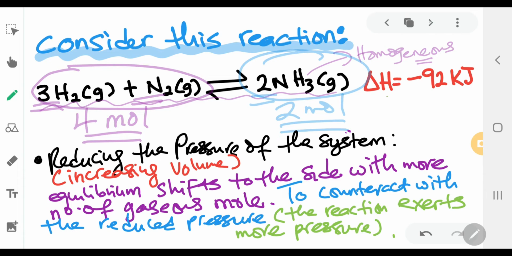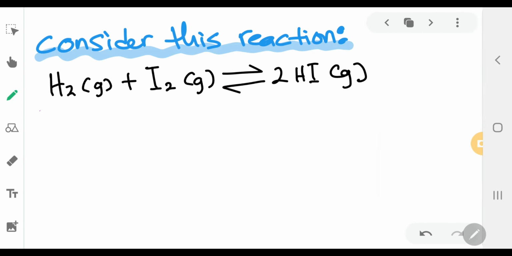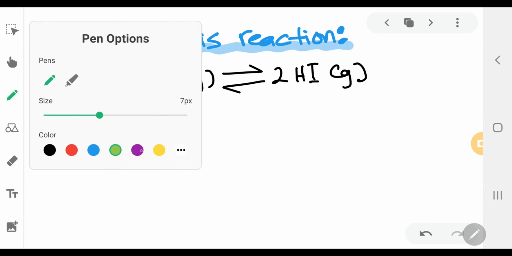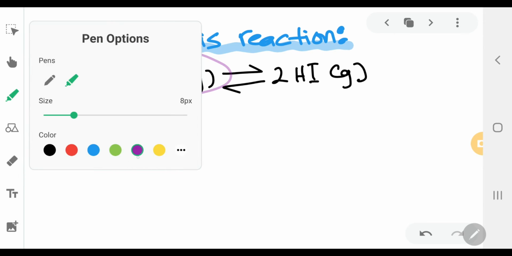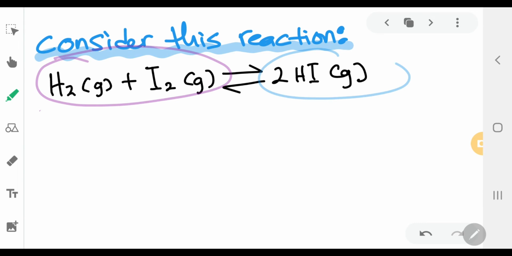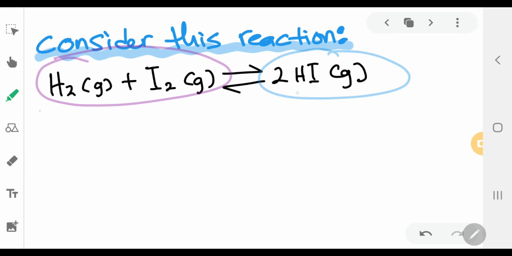So let's have a look at another example. If we look at this example here, first of all, we have to look at the reactant and the product, and how many moles of gaseous species there are. Over here you have 2 moles.